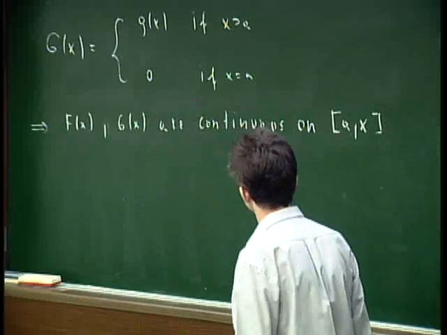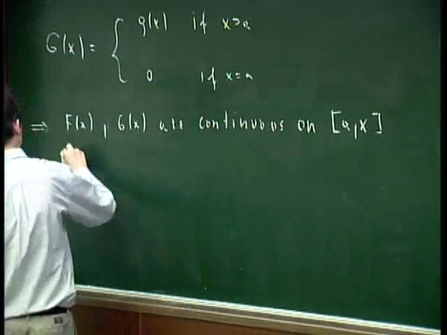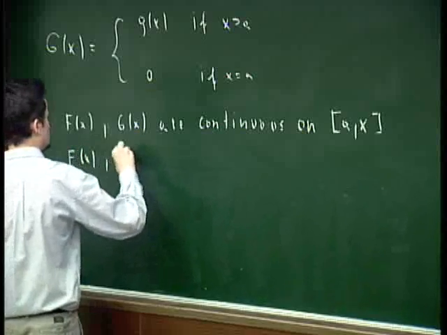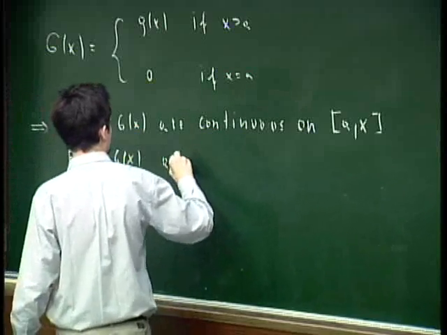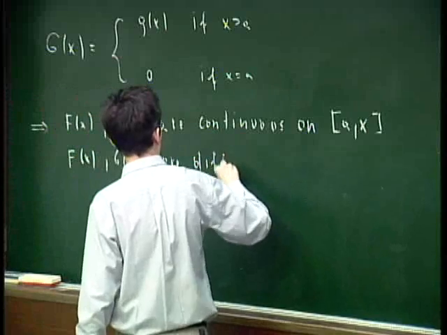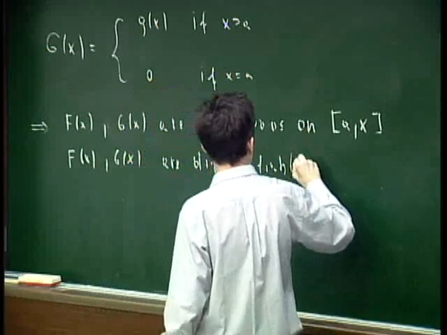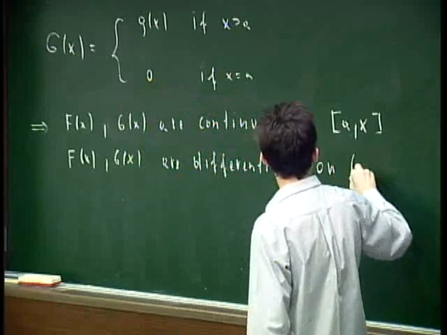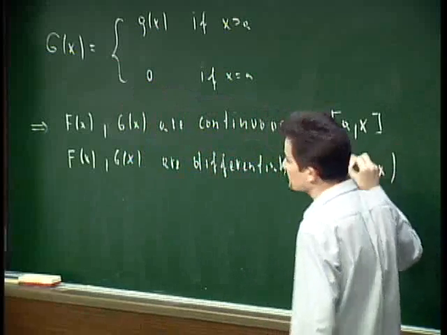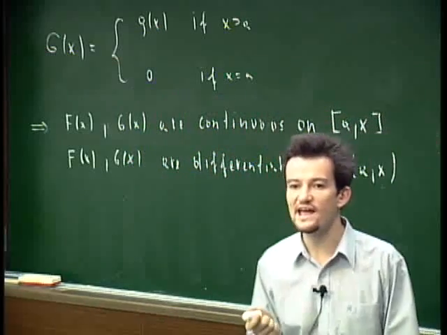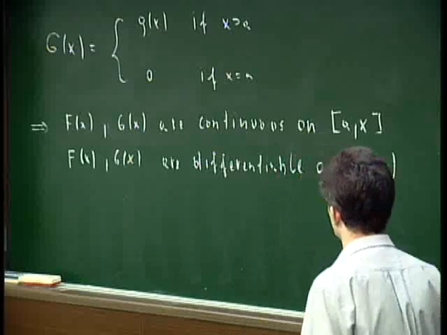Moreover, the assumption tells us that capital F of x and capital G of x are differentiable on the open interval (a, x). So x must be close enough to a in order to ensure this.